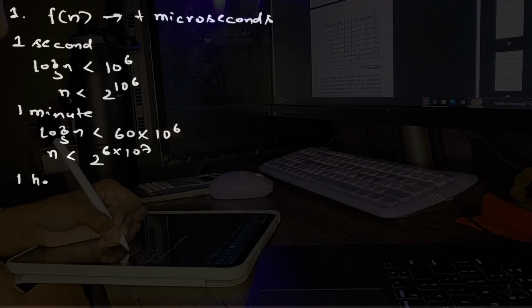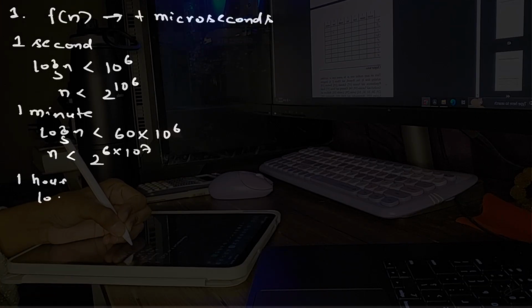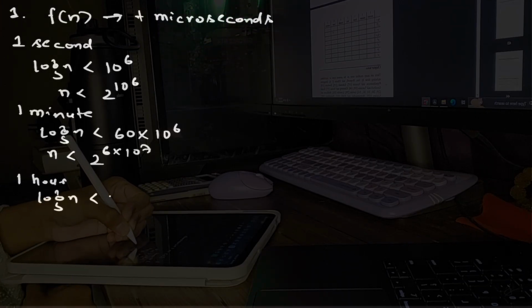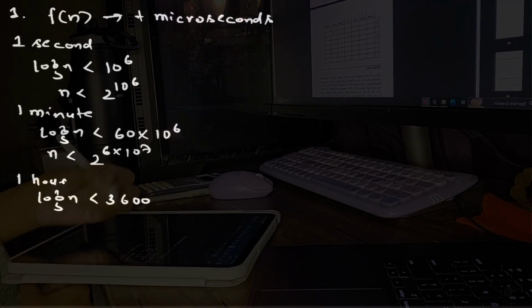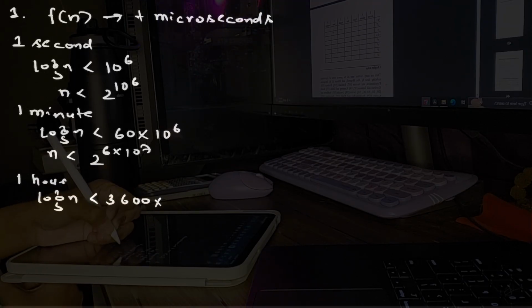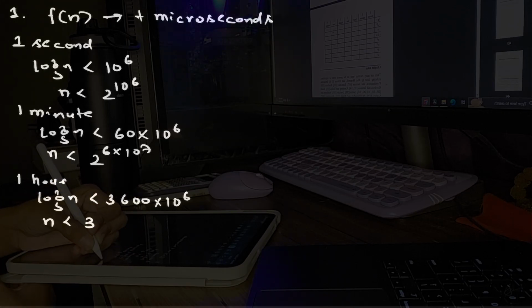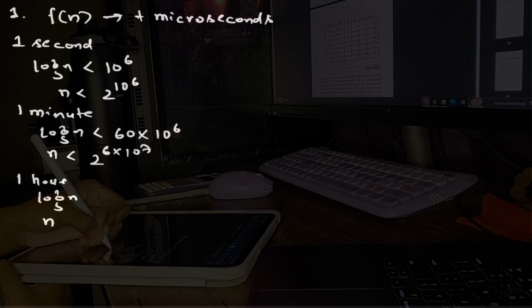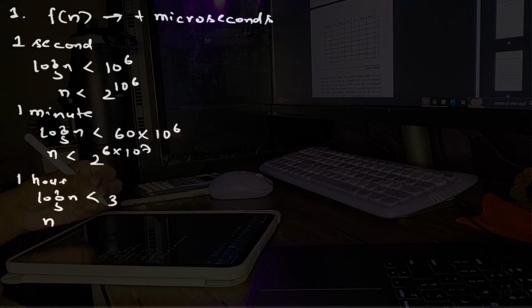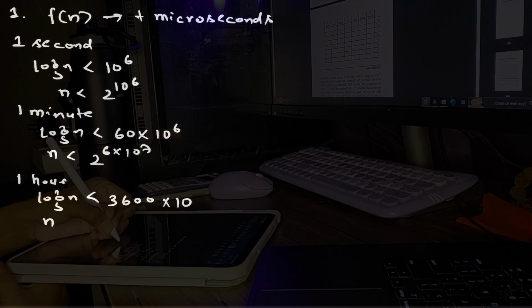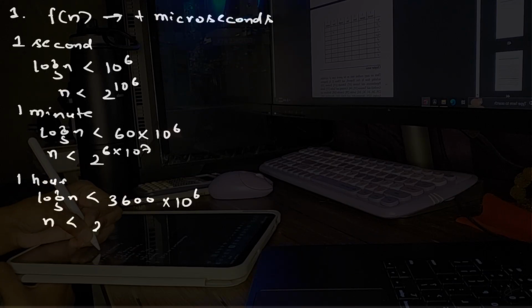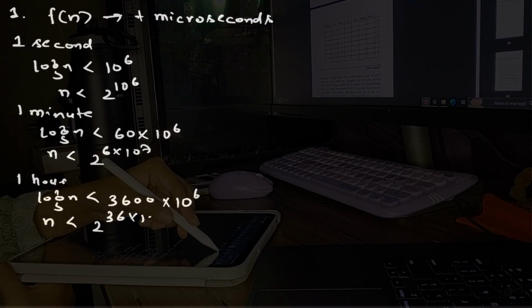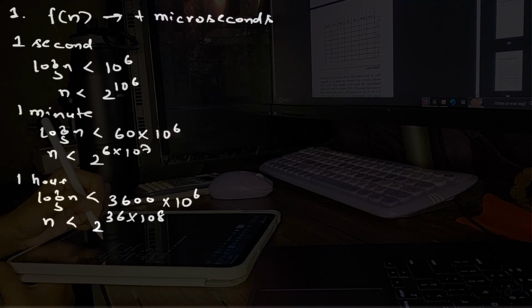Now for 1 hour, it has 3600 seconds into 10 to the power of 6, so n is nothing but 2 to the power of 36 into 10 to the power of 8. You can also write it as 3.6 into 10 to the power of 9.